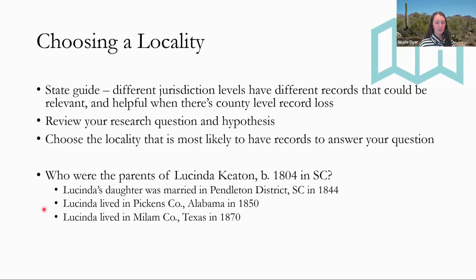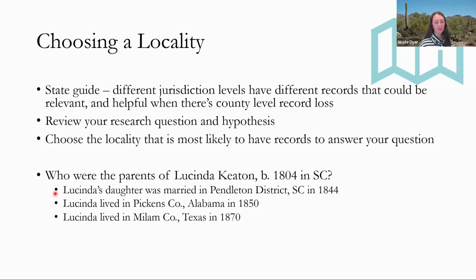So in general, for choosing a locality, when you're trying to decide on which place to do your research locality guide, I like to look at the research question and the hypothesis, and then choose the locality that's most likely to have the answer to your research question. So, for example, in this question, who were the parents of Lucinda, born 1804 in South Carolina?